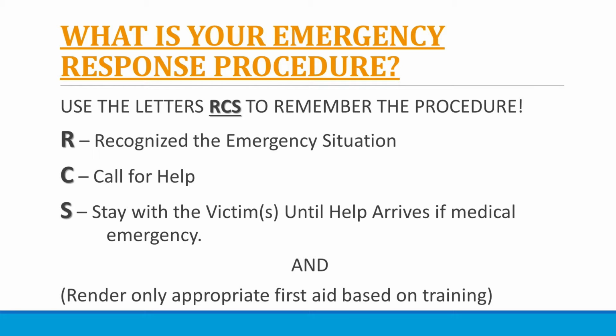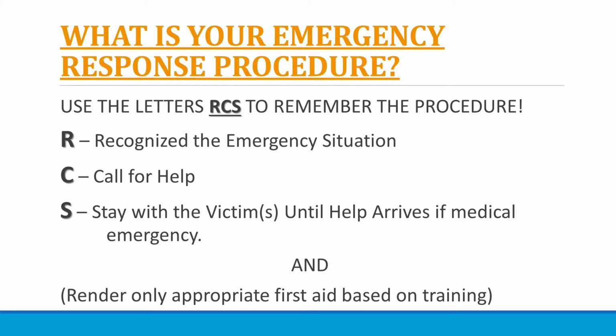Early recognition saves lives. It does not matter if it is a fire, a tornado, a weather-related event besides a tornado, or workplace violence. So early recognition, being aware of your surroundings and what is going on, is absolutely important. It has to happen.